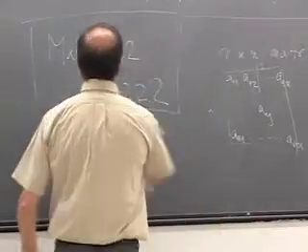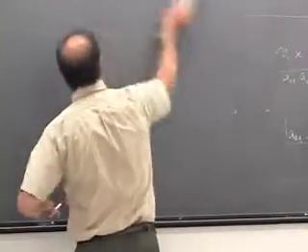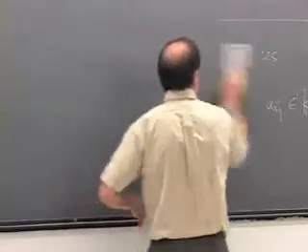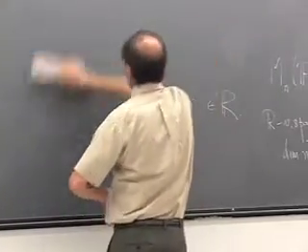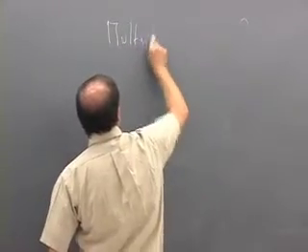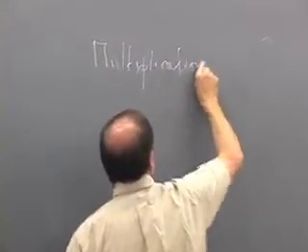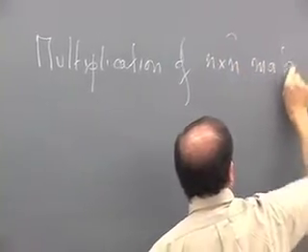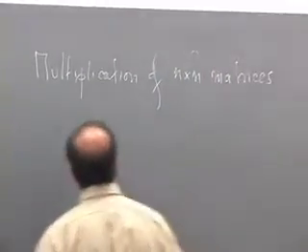Good. OK, so that's a big thing about n by n matrices, is that there's a multiplication, which is a fairly complicated operation.